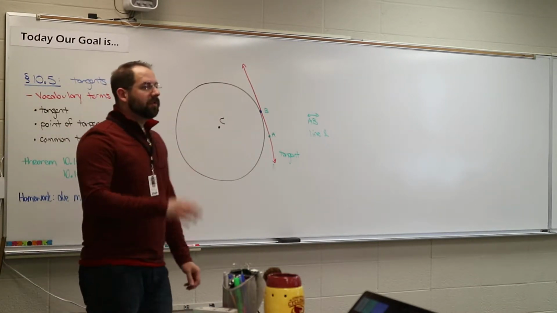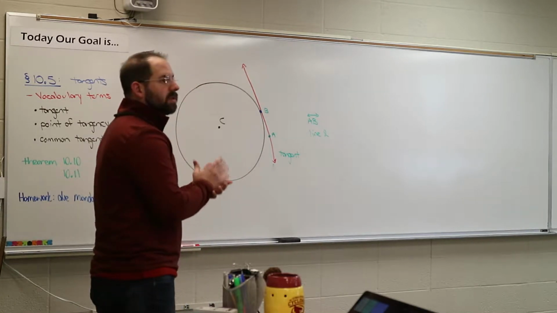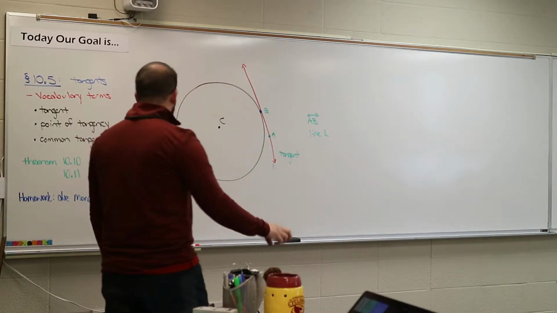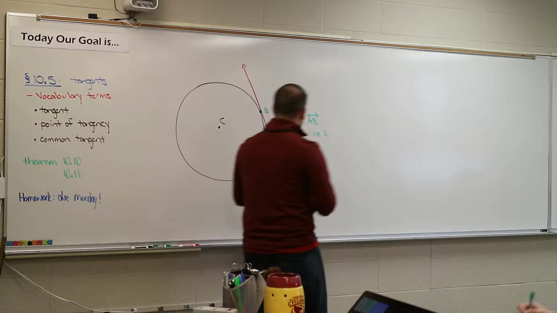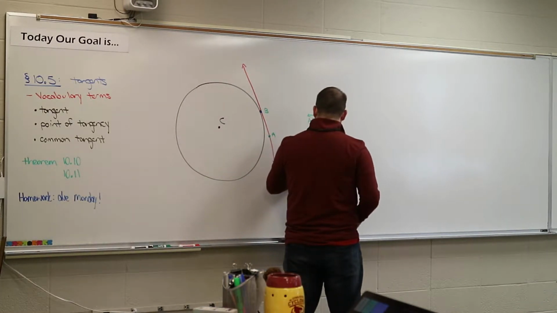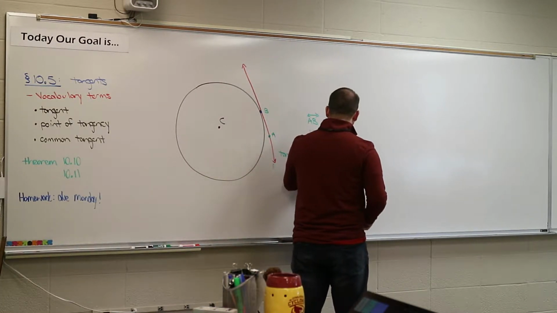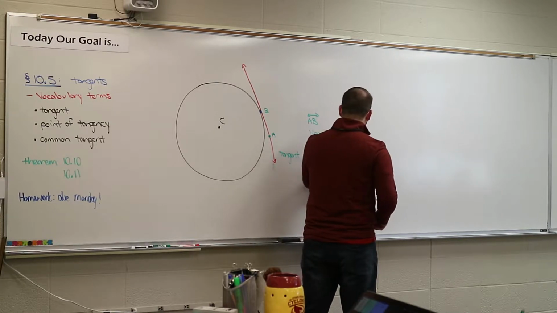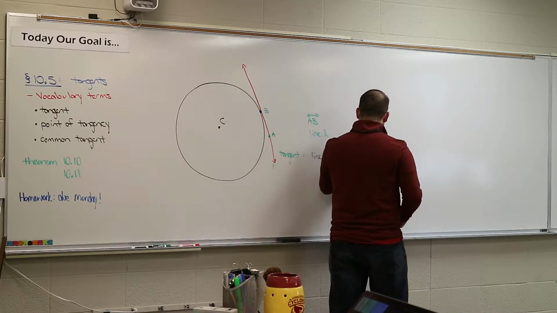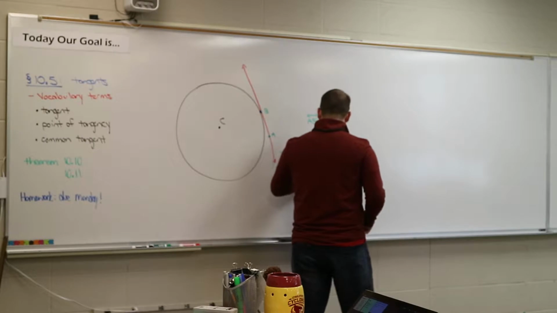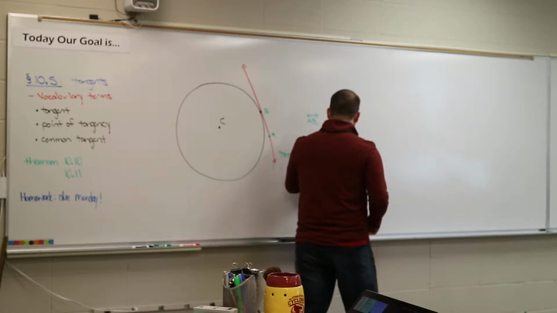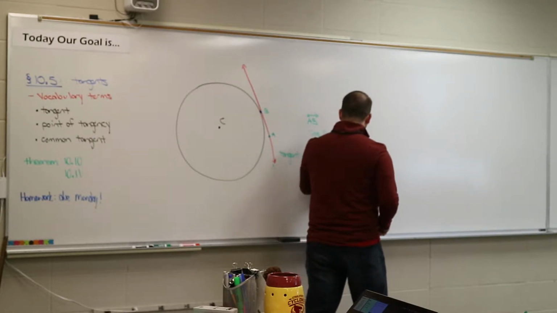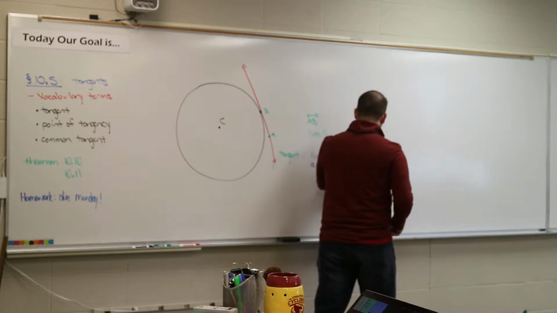But again, the definition of a tangent, it's a line that intersects a circle exactly once. So in fact, let me put that up here. It's a line that intersects a circle exactly once.